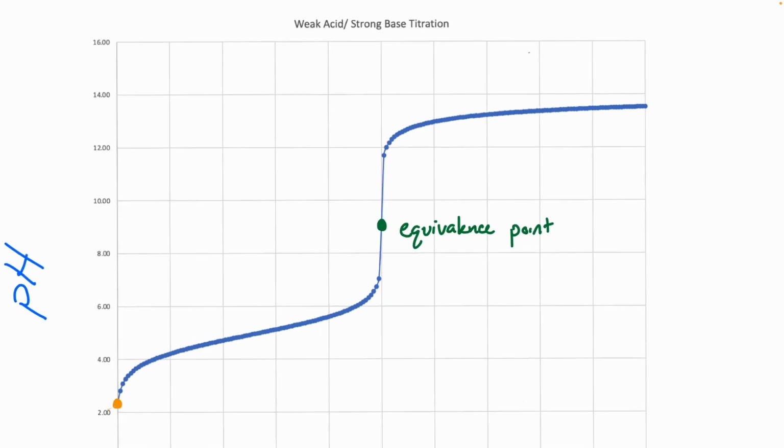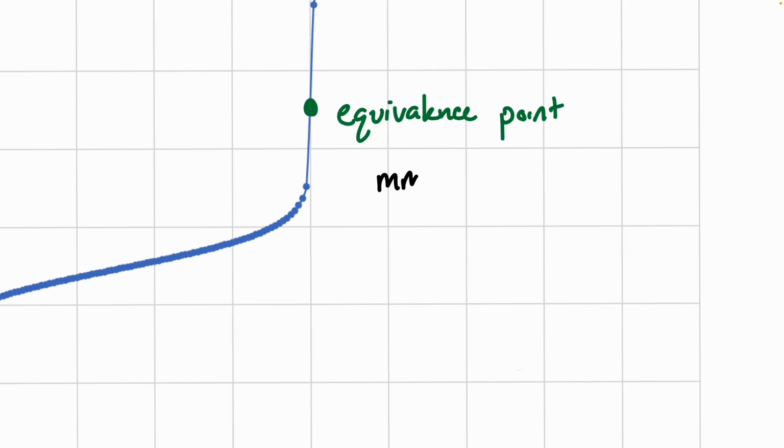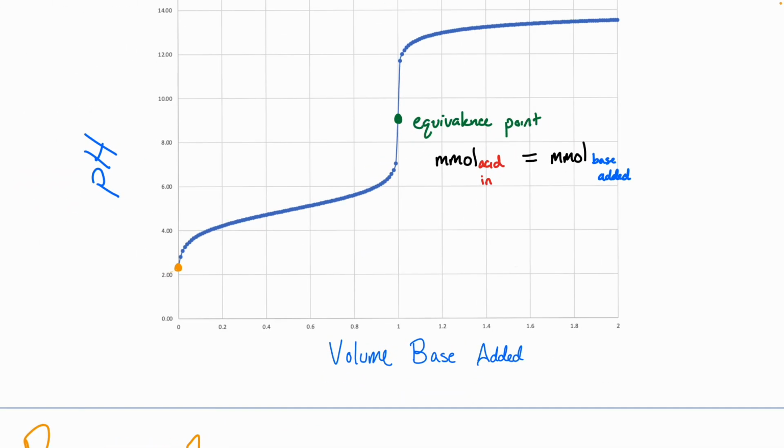This is when my millimoles of acid, initial, equals millimoles of base added. All right, that's again going to be our third region, but we're not quite there yet. We're in this portion of our curve here.